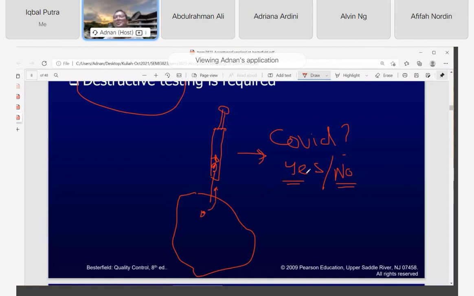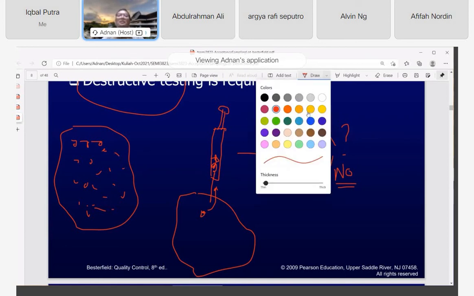The same analogy we use in manufacturing. We produce a lot of items. You don't do the inspection for all the items. What you do is you take samples to represent the whole production.